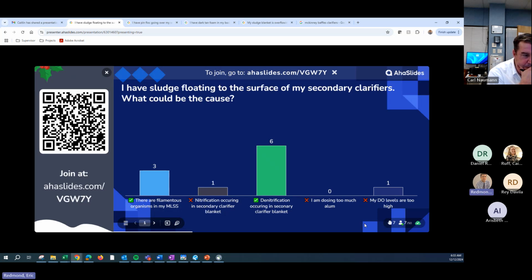A few of you have been to Paul's training in the spring, where he has 6 or 7 beakers at the front, doses them with different levels of carbon, and they're all from the secondary clarifier. He's waiting to see how long until one of the blankets floats. He's driving denitrification in that blanket to cause it to float.